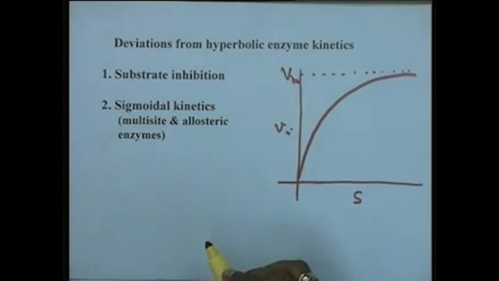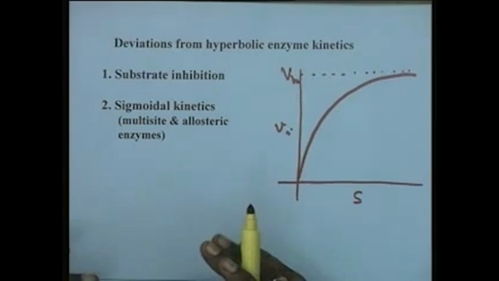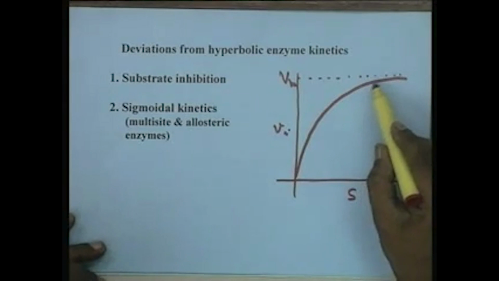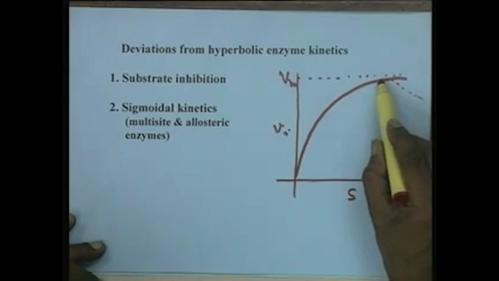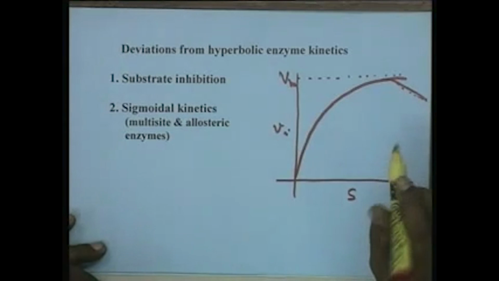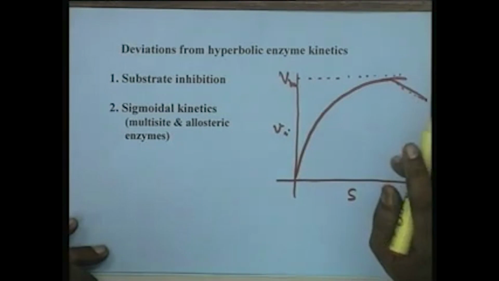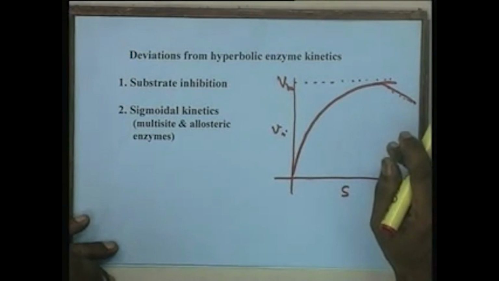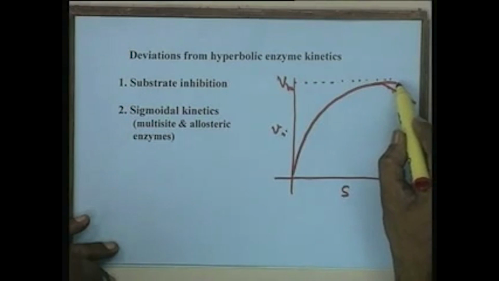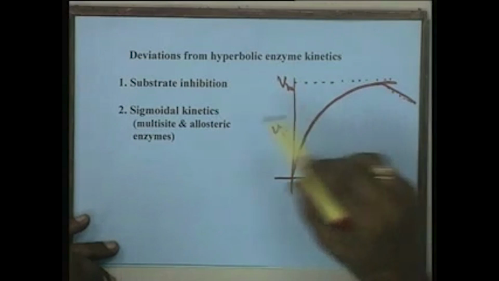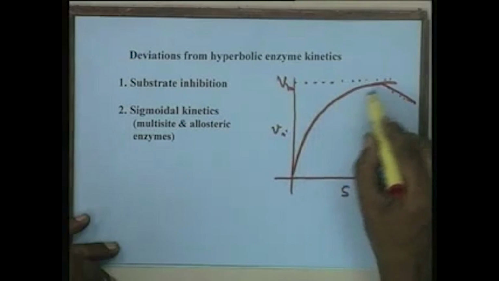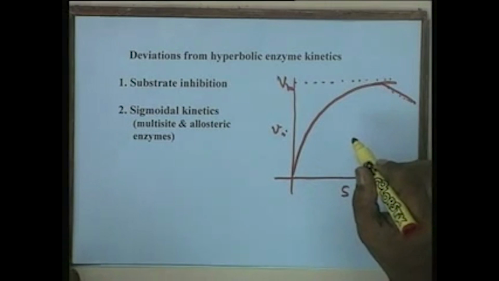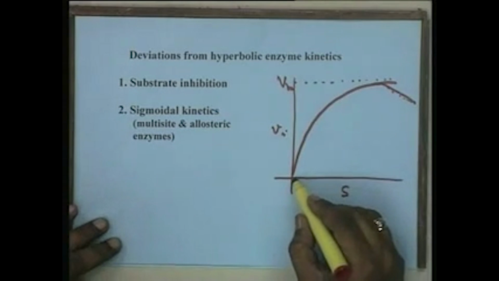Now in the case of substrate inhibition, the reaction velocity, when you increase substrate concentration, does not reach the saturation level. Rather, even earlier than that it deviates and passes through a maximum. When substrate concentration goes high, the reaction velocity starts dropping and does not remain at the saturation level. On the other hand, in the sigmoidal kinetics, instead of the reaction profile being represented by a rectangular hyperbola, it is in the form of a sigmoid.